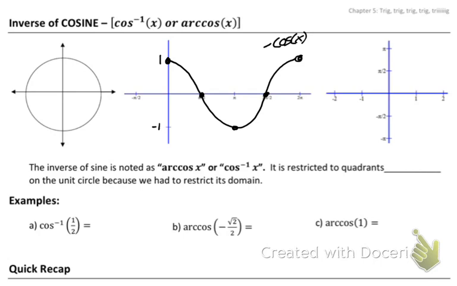We're going to say, okay, if you don't work, I'll push you in a box and we'll make it work. So we are going to put part of it in a box, and we're going to put this section in the box. And that is going to be quadrant 1 and quadrant 2. So cosine's only going to exist in quadrant 1 and quadrant 2. So maybe I'll write that here. Cosine inverse exists in this quadrant.